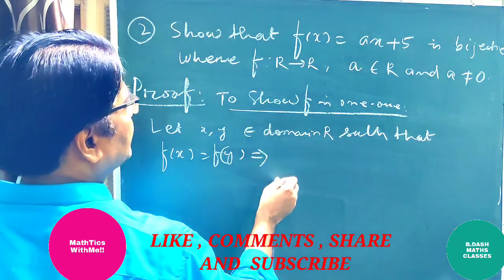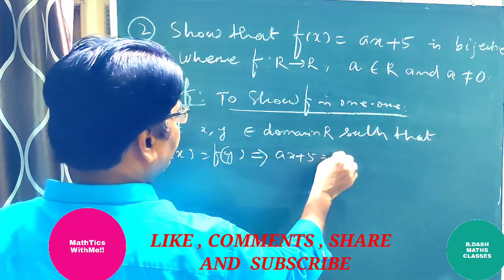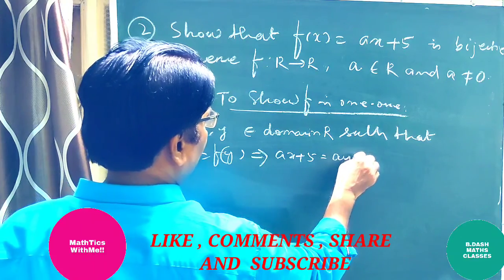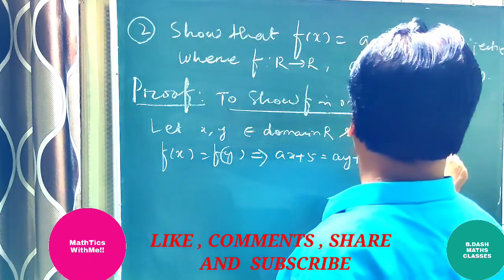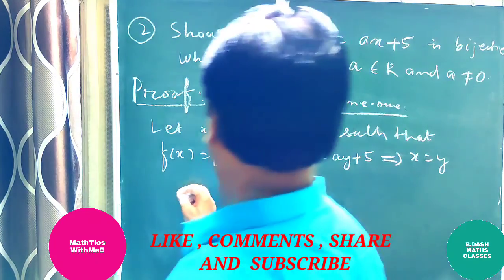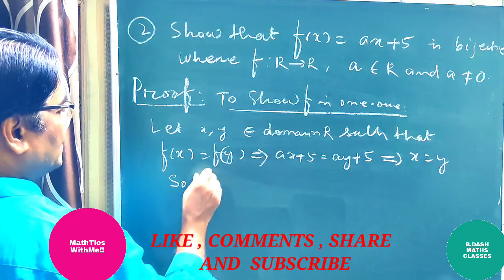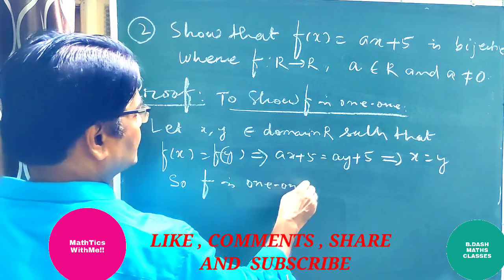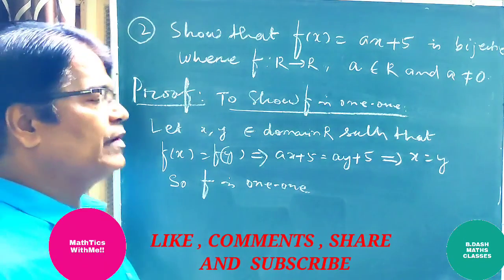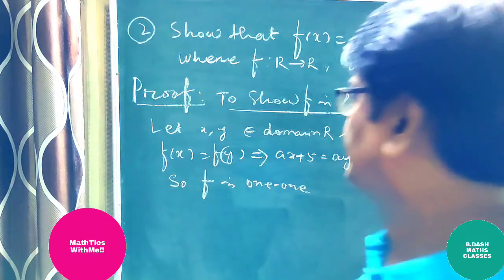So this implies ax plus 5 is equal to ay plus 5. So this implies x is equal to y. This shows that the function f is one-one because we have started with f(x) is equal to f(y) implies x is equal to y.